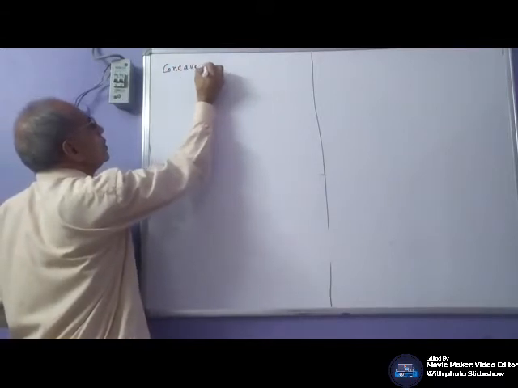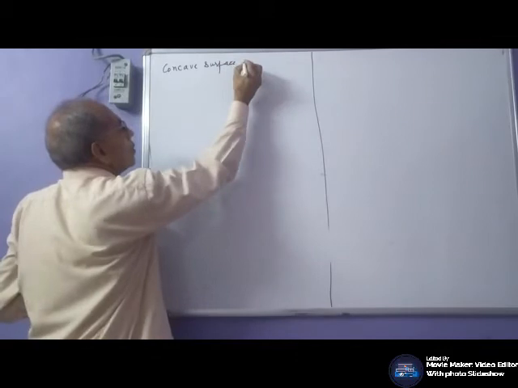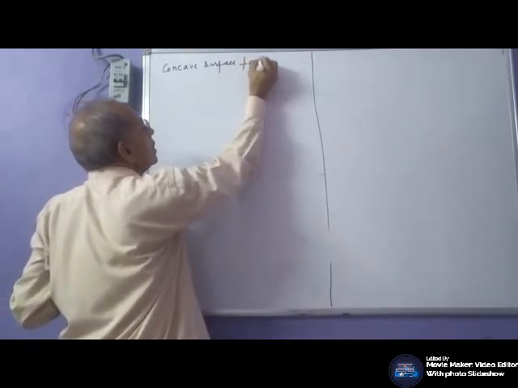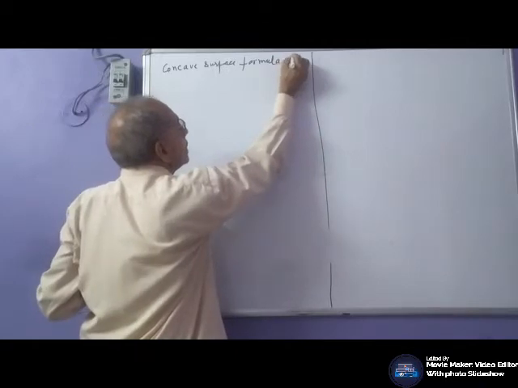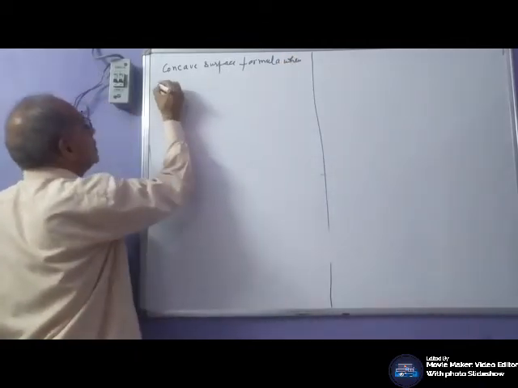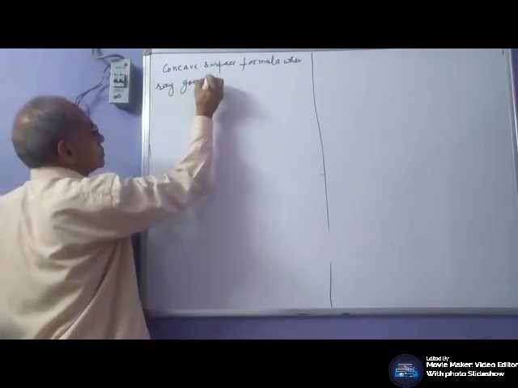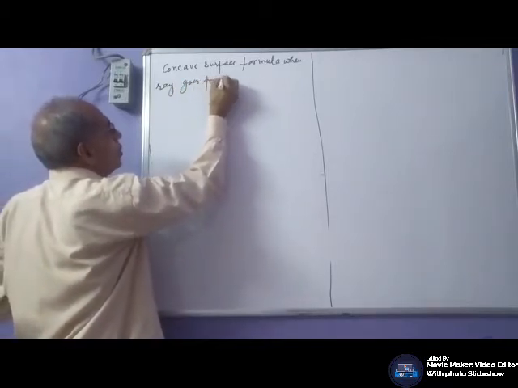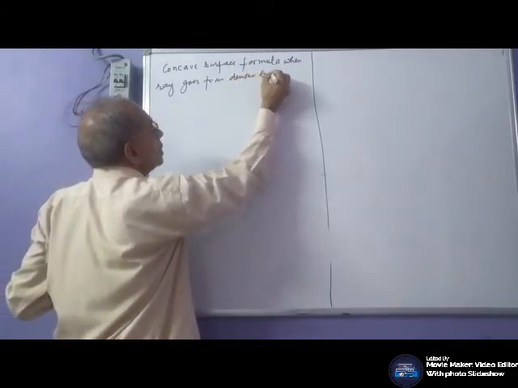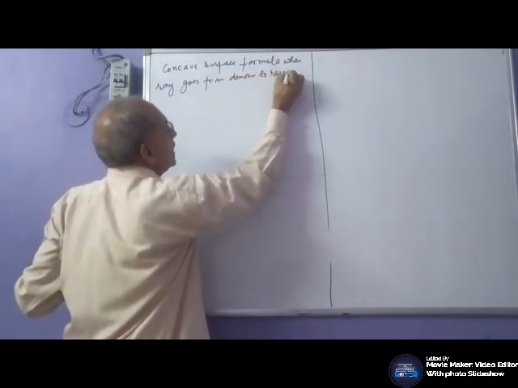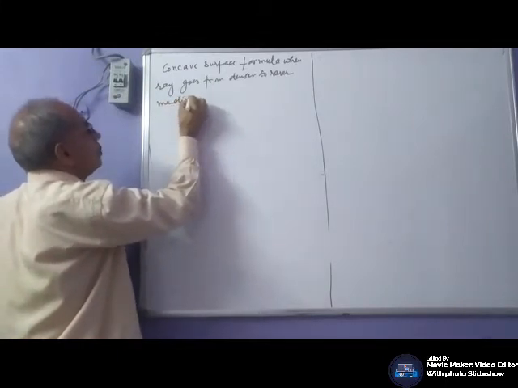Concave surface formula when the ray goes from denser to rarer medium.